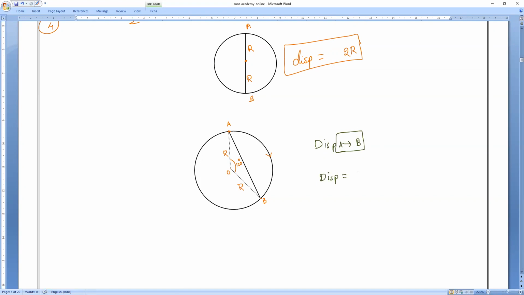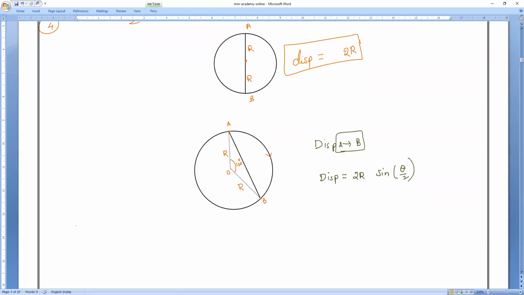In this case theta may be 60, or 90, or 120, or 110, or 130, 180, whatever it is. Be very careful here. The displacement is equal to, keep it in mind everybody, the formula is 2R sine theta by 2, whatever theta is.